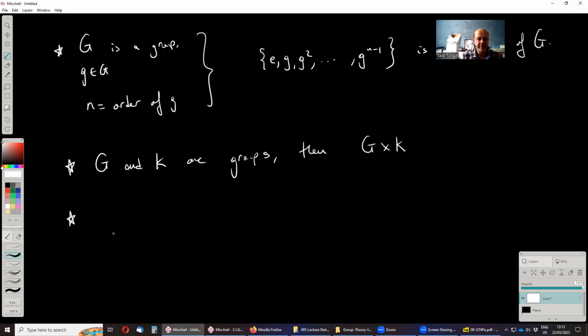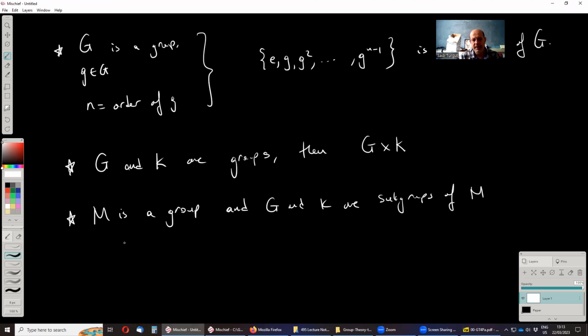Let's say M is a group, and G and K are subgroups of M satisfying the following properties.